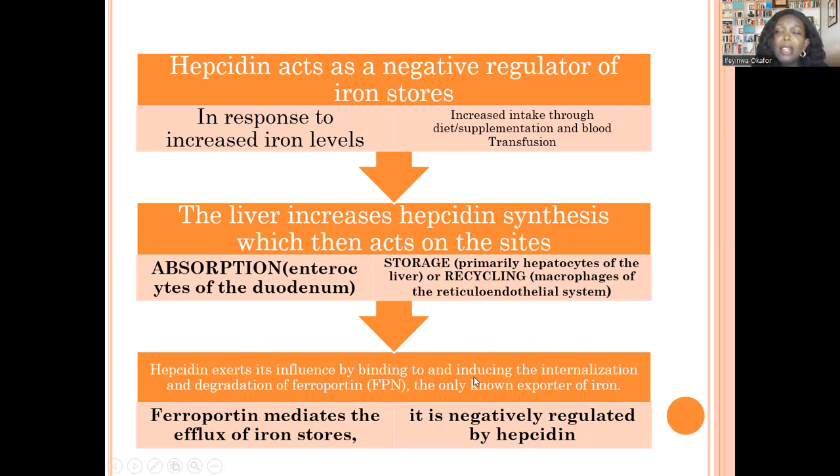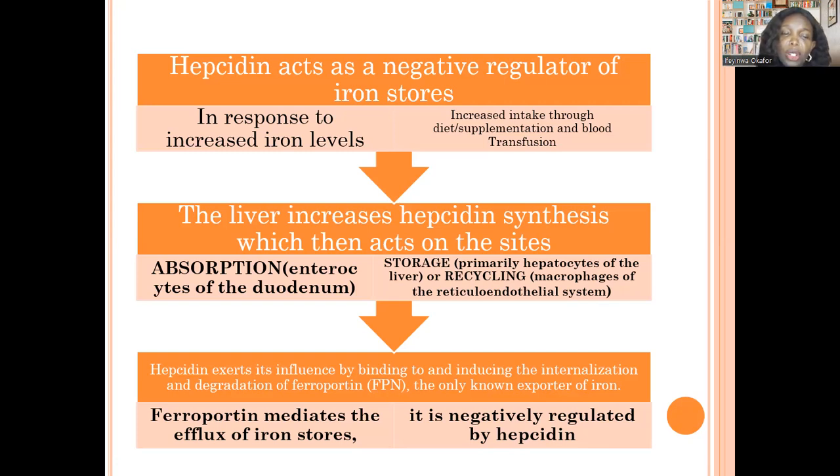Remember, the body gets iron from 3 different sources, like we discussed earlier: from absorption from our meals, from recycled iron gotten from destroying catabolized red cells, and from iron that has been stored as ferritin. So when there is increased iron in the body, hepcidin is produced by the liver to block these channels from bringing in more iron.